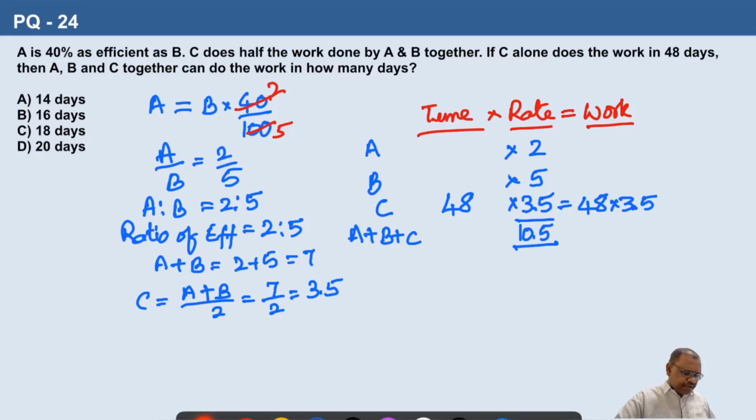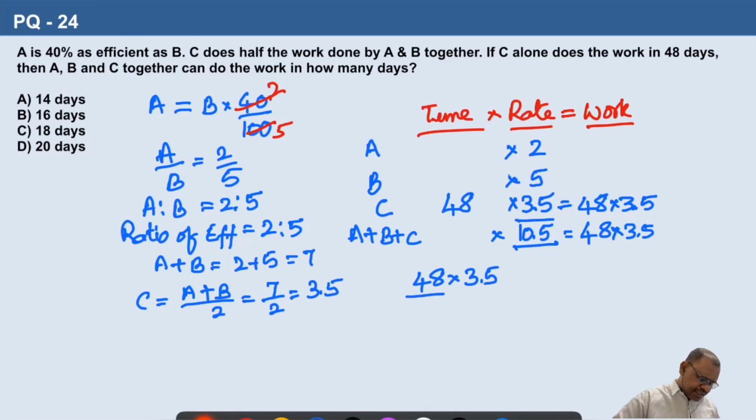So we need to find out the time taken by all the three. So total work is again 48 into 3.5. So divide the total work, 48 into 3.5, by the total efficiency of all the three, 10.5.